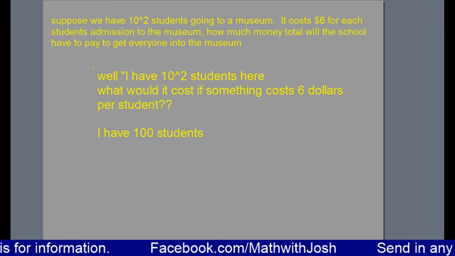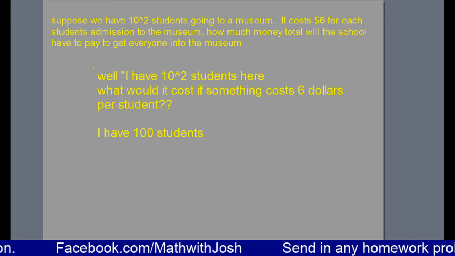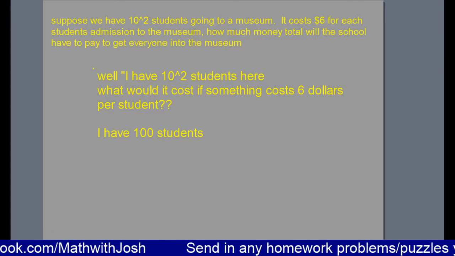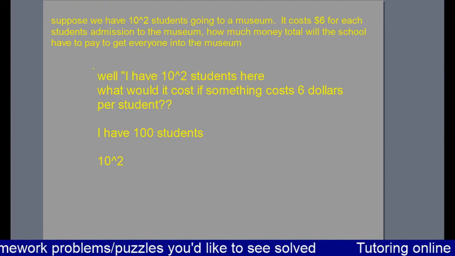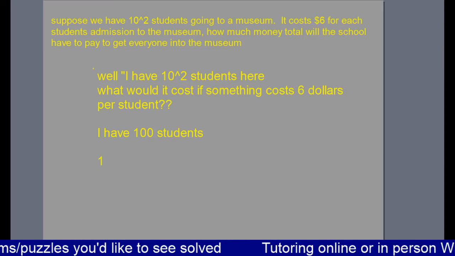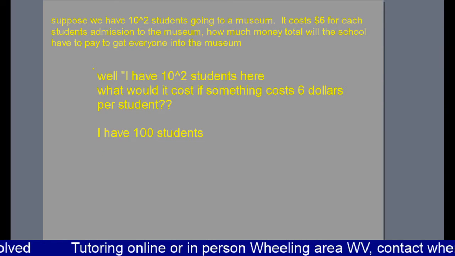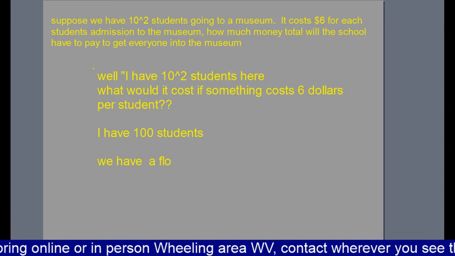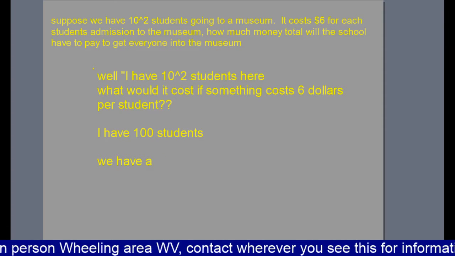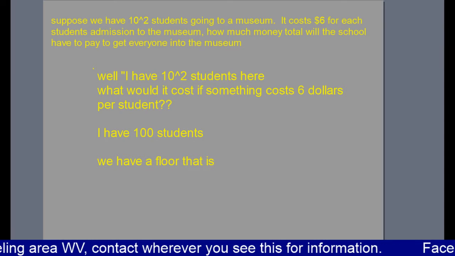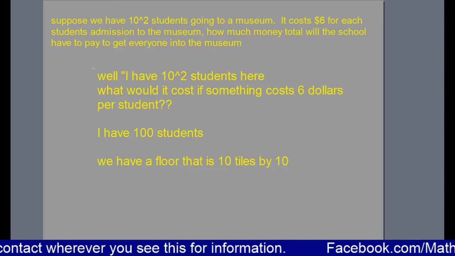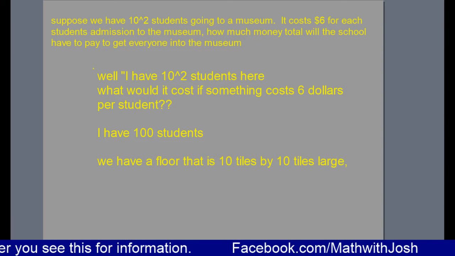You might have, in a scientific context, right, because the alternatives are you should pick either a different problem where it makes sense to be thinking of something as 10 to the second, or you could have something like, we have a floor that is 10 tiles by 10 tiles large.